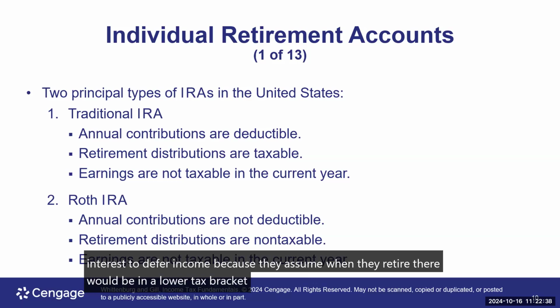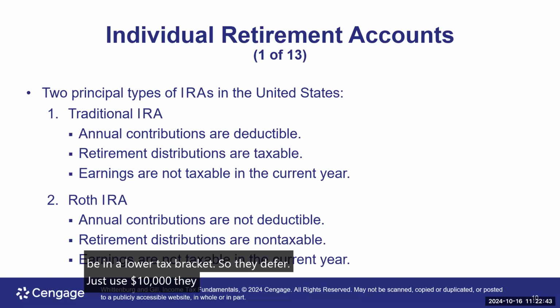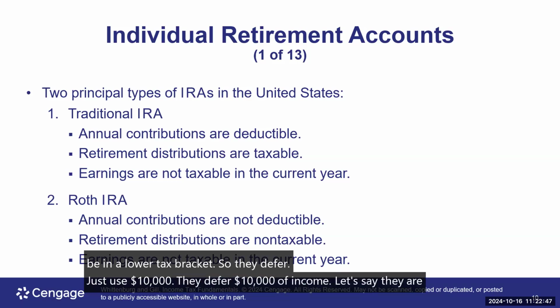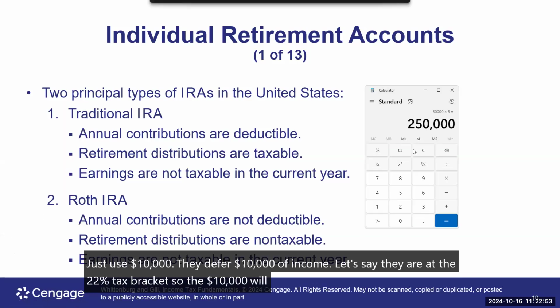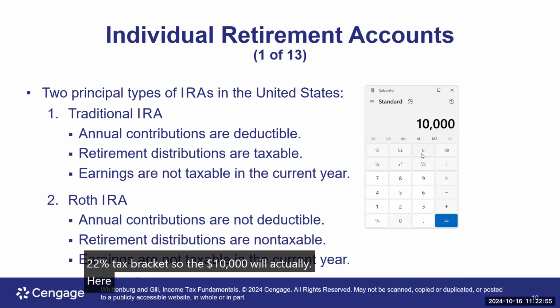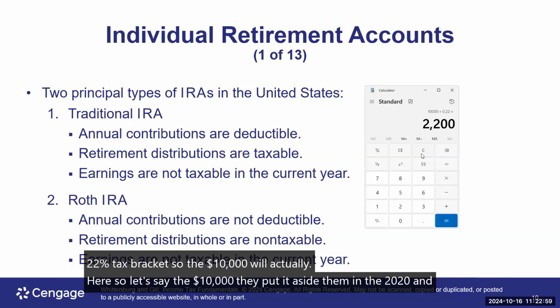So they defer, let's just use $10,000. They defer $10,000 of income. Let's say they are in the 22% tax bracket.